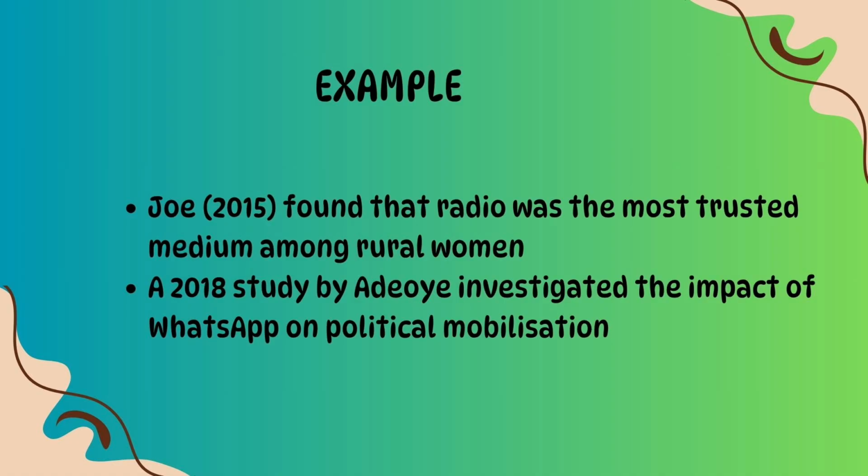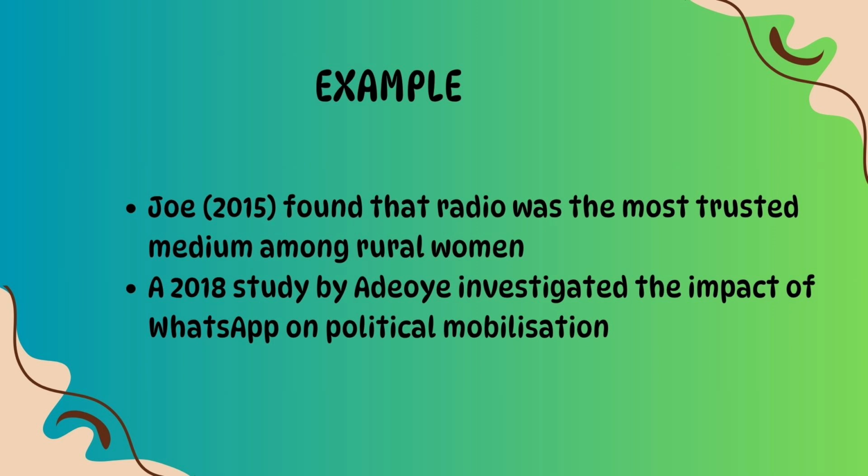For instance, we have an example here. Joe 2015 found that radio was the most trusted medium among rural women. This is a study conducted by an author whose surname is Joe, and in that particular study, the author found that radio, with particular reference to a group of women in a particular setting, was the most trusted medium.